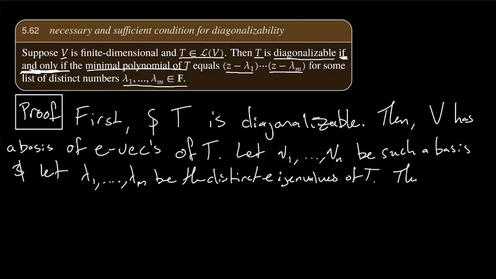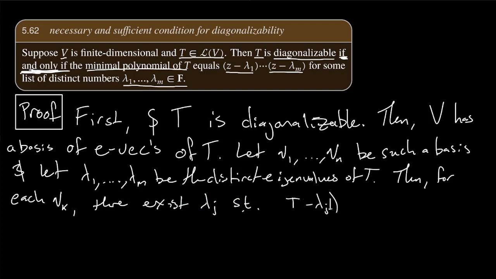So then, for each vk, there exists lambda j such that (T minus lambda j I) vk is equal to 0, i.e. each of these eigenvectors has to belong to some eigenspace, which is the null space of T minus one of the lambdas that is an eigenvalue of T.